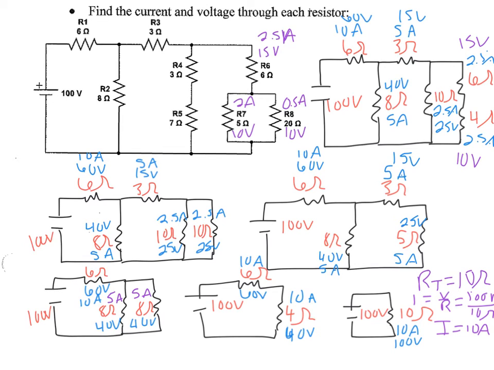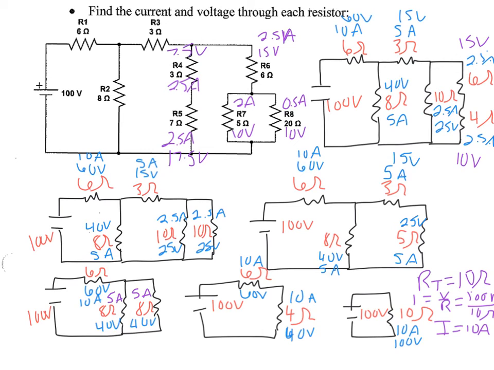Now we need to look at the 10 ohms here that came from the 3 and the 7 ohm resistors. So we have a 2.5 amp current, 2.5 amps here, and then 3 times 2.5 to get the voltage. So 7.5 volts, and 7 times 2.5 to get the voltage here, 17.5 volts.